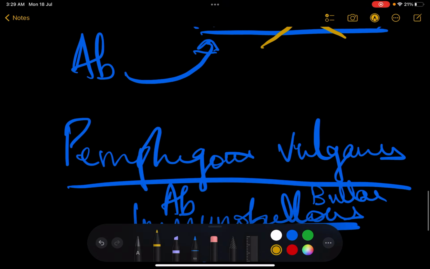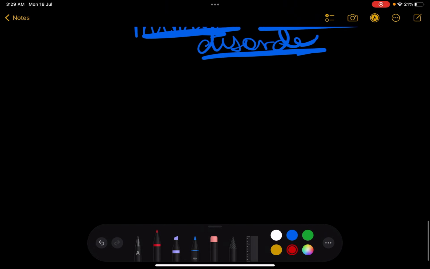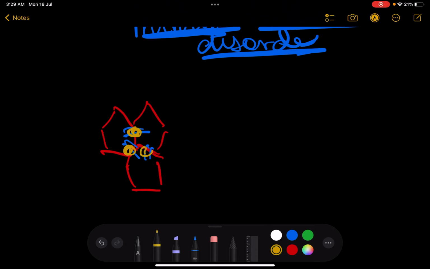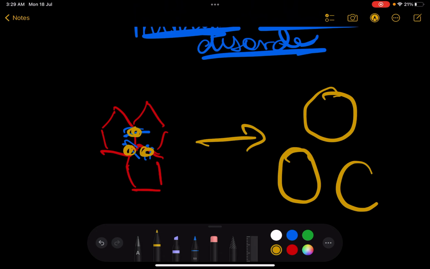So the keratinocytes, which in the ideal situation are a happy family, are broken down by the antibodies, and they become very sad, separated individuals, now called Tzanck cells.